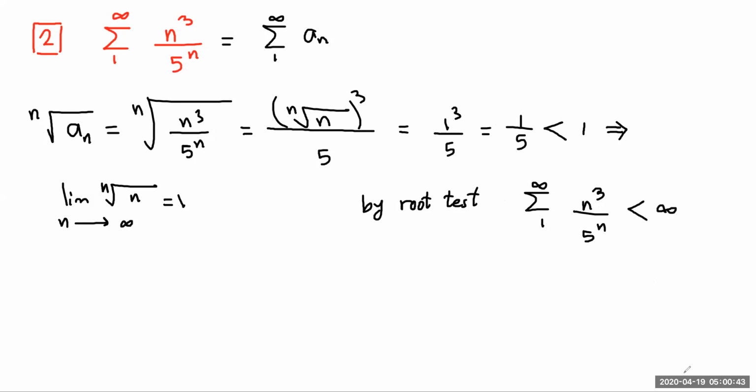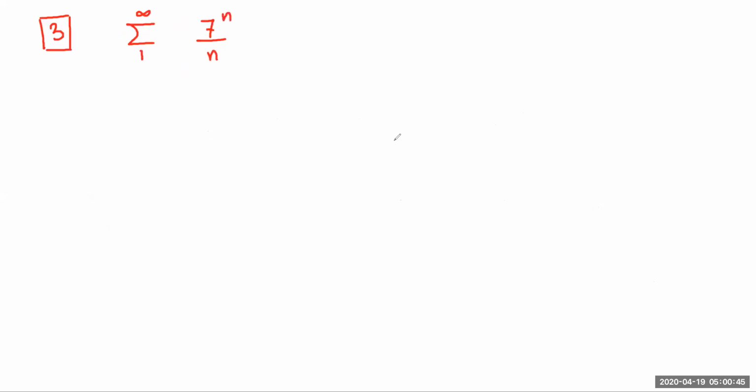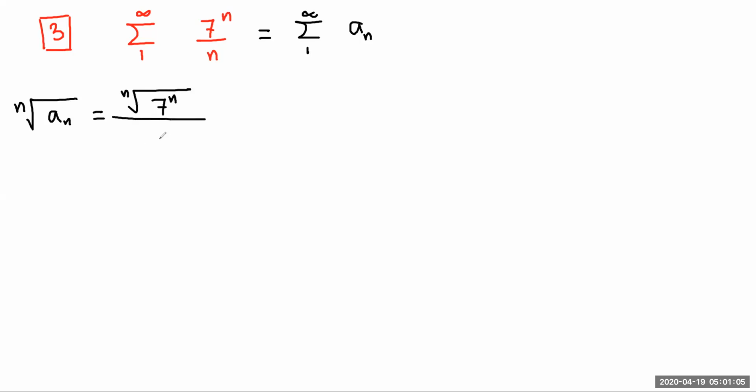Okay, let's take the next exercise. So this is sigma a_n from 1 to infinity. Let's take the nth root of a_n. So it's the nth root of 7 power n over the nth root of n.